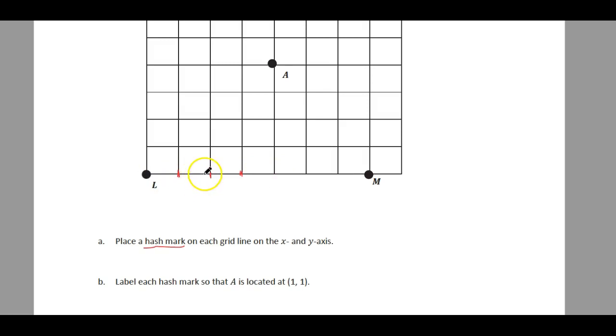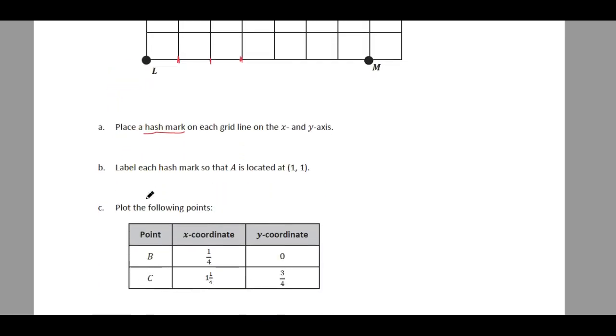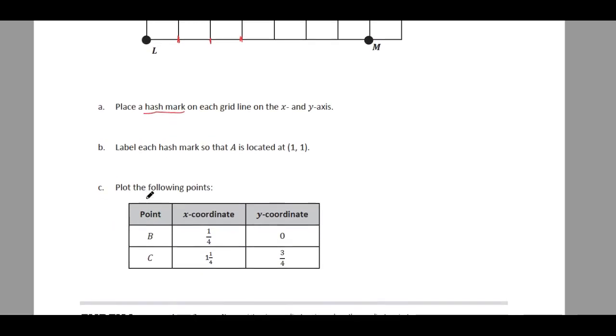You're going to go, how many spaces are there between that? And if that makes 1, do the same thing for going up top. What numbers do you get in there? And then it says plot each of the following points. So 1/4, oh, here's a hint right here. A 4. What did they break their numbers into? You can figure this out, I know it.